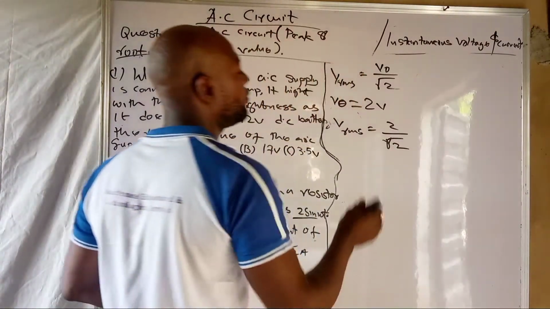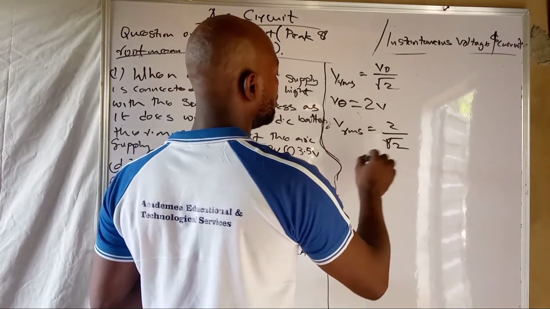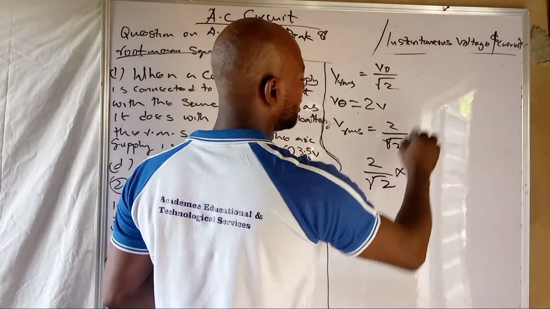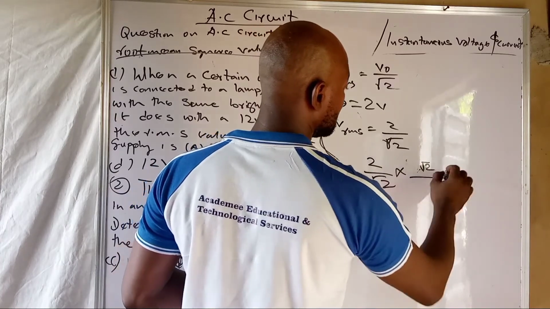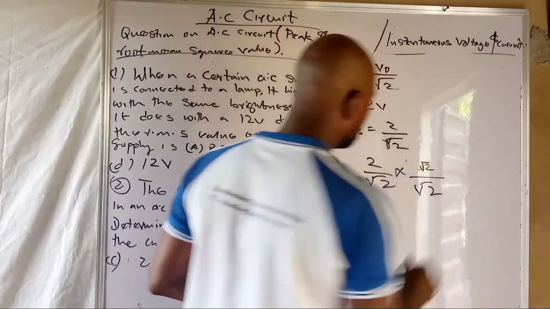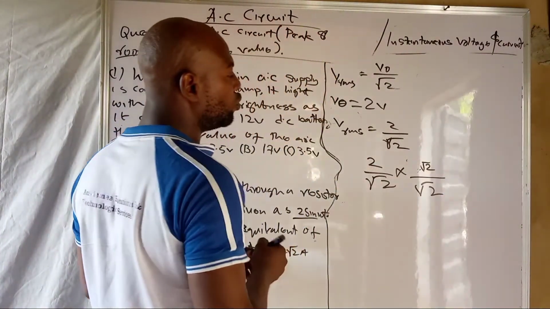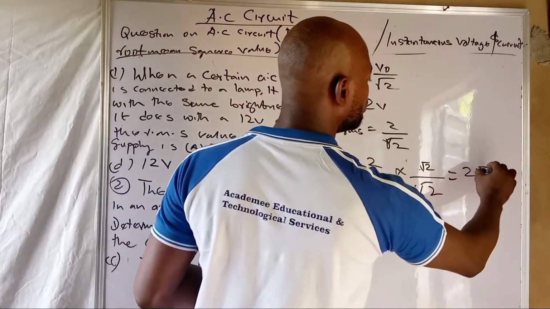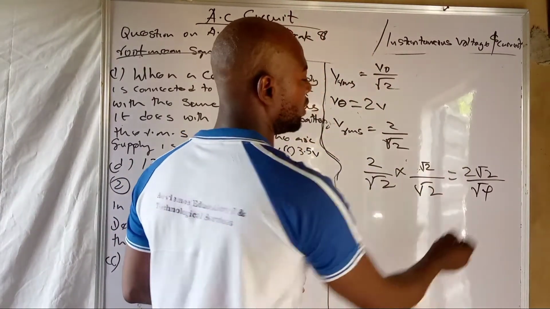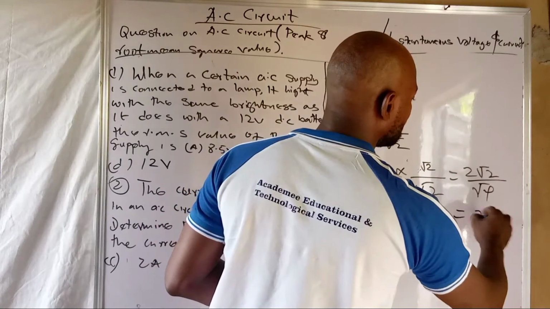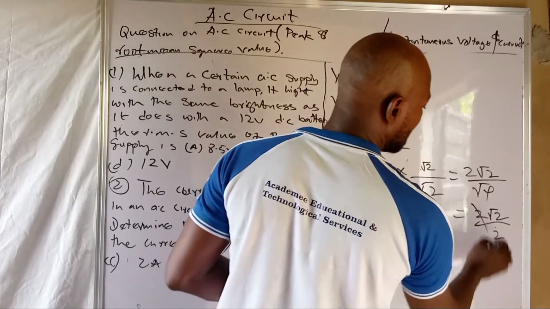But if we use another method, by rationalization, 2 over root 2 multiplied by root 2 all over root 2. You multiply 2 by root 2, which gives 2 root 2, and the denominator gives root 4, which is 2. Then 2 root 2 all over 2, the 2s cancel.